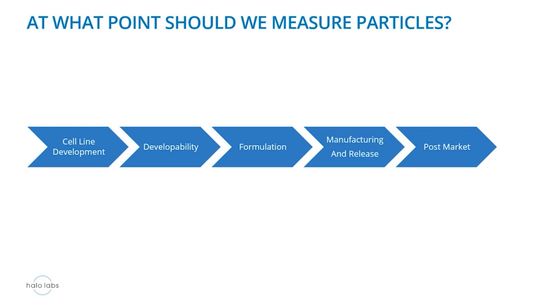Or maybe you're even at the later stages and you've addressed every question that could possibly come to mind when talking about the physical stability of your sample. But then you get to the post-market stage and you realize that particles are beginning to reappear. So my question to you is, at what point do you think we should measure particles?